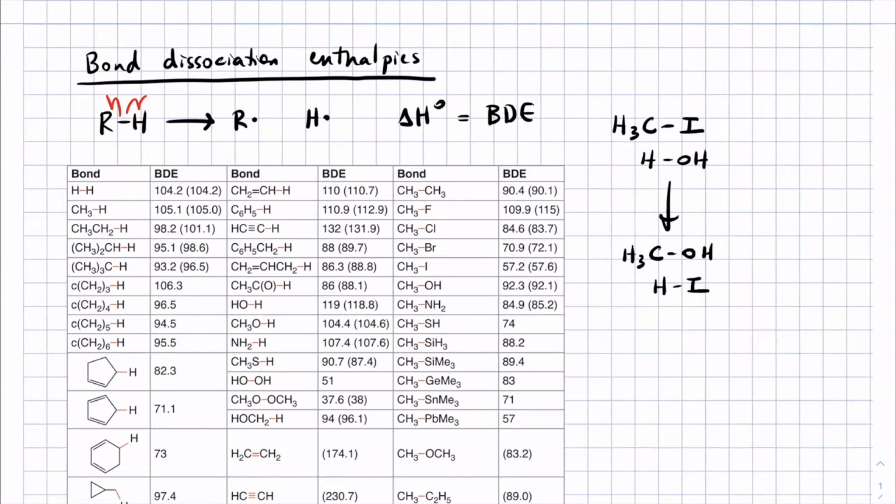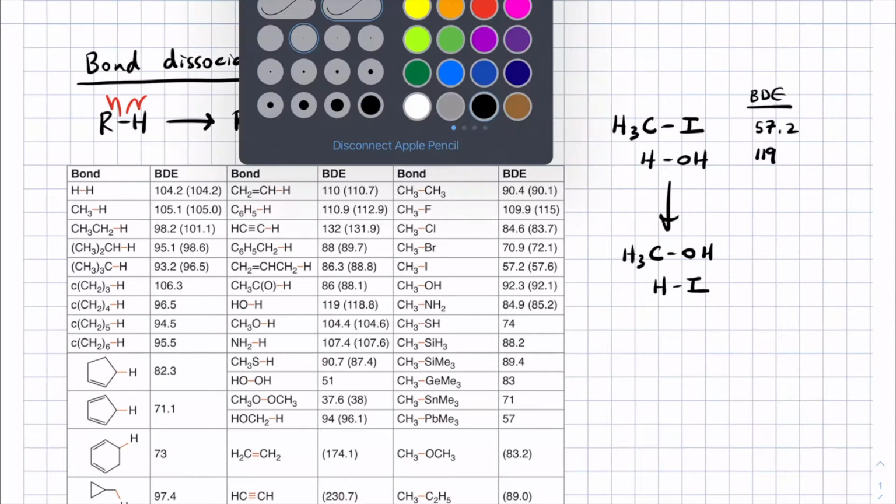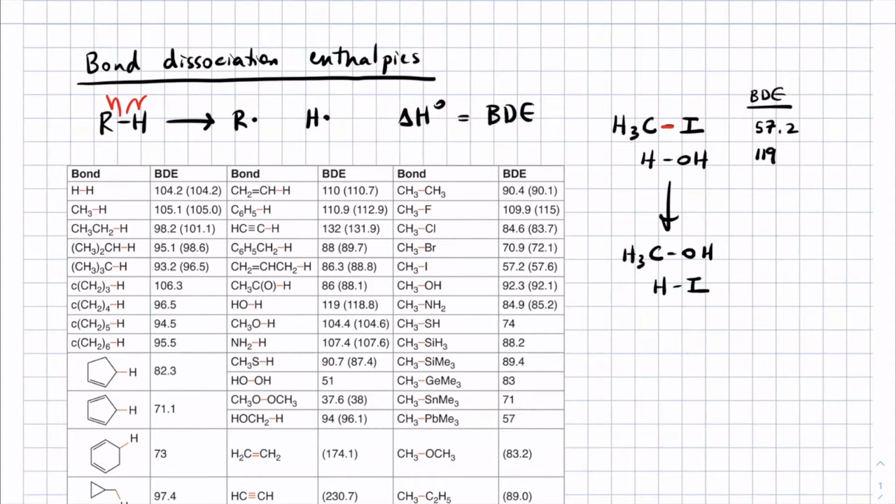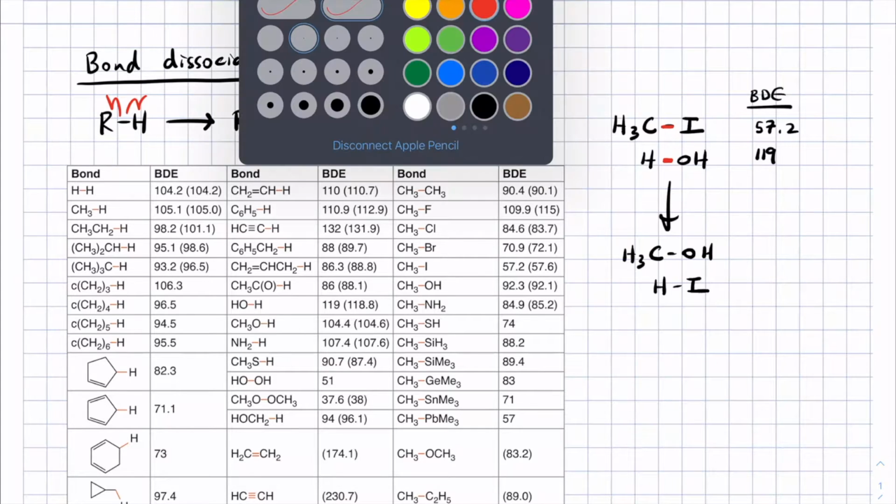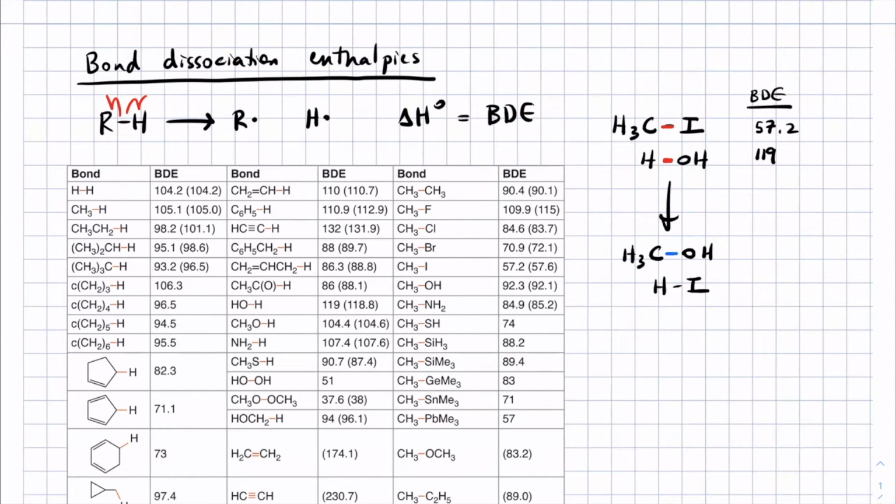All right, so from our table, the bond dissociation enthalpy of methyl iodide is 57. The bond dissociation enthalpy for water is 119. And it's for the bonds that I'm showing you in red. And then in blue are the bonds that we made.